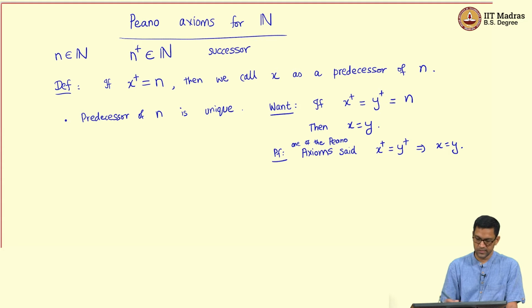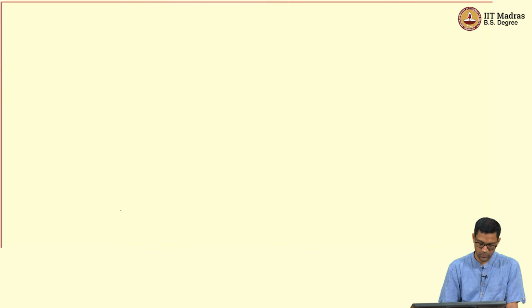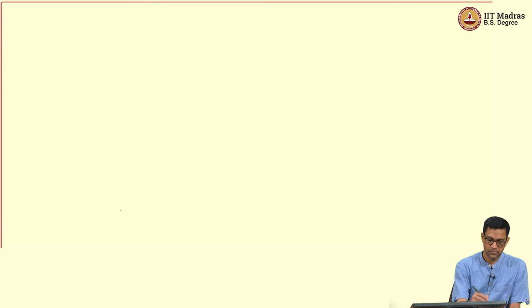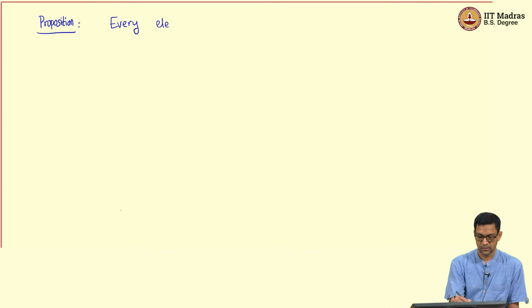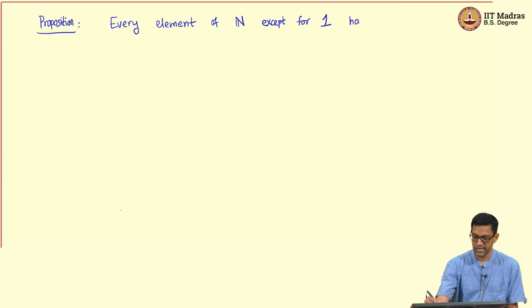Now, here is the first interesting thing we will prove about this. Let us look at elements which have predecessors. Here is a little statement, which we call a proposition. It says the following: every element of n, not quite every element of n, except for that special element which we called 1, has a predecessor.